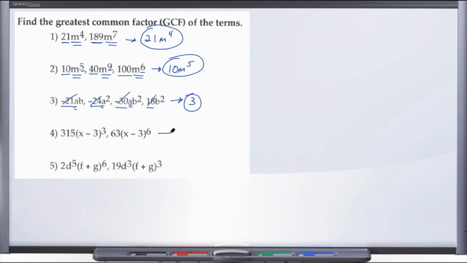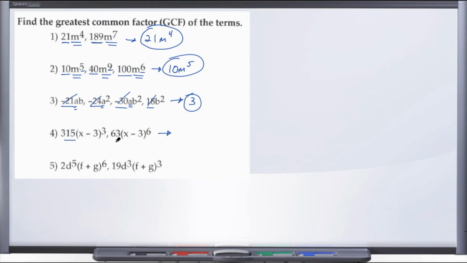All right, number 4, let's take a look at. We have 315 times x minus 3 quantity cubed, and then we have 63 times x minus 3 to the 6th. Now we're starting to get into some bigger numbers here, and now we're seeing parentheses and a binomial raised to different powers, but let's just take it step by step, just like we did with these first few.